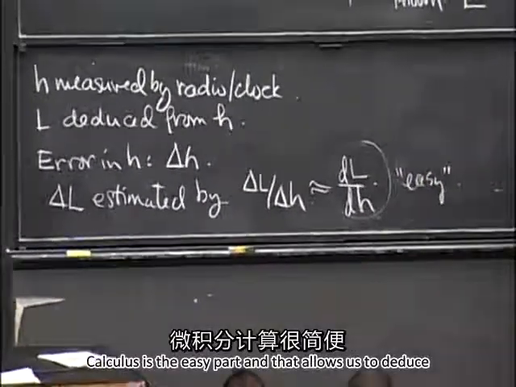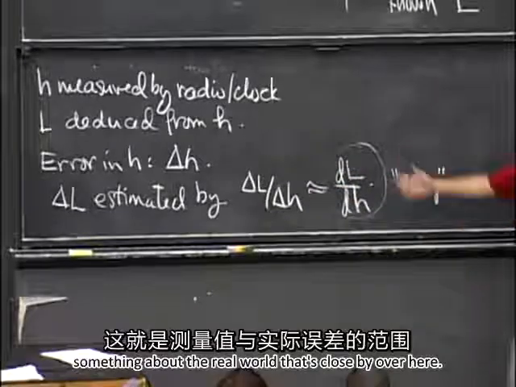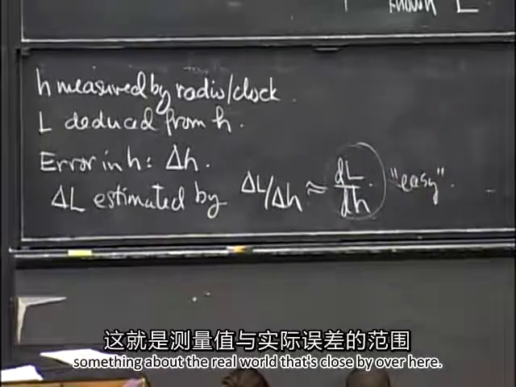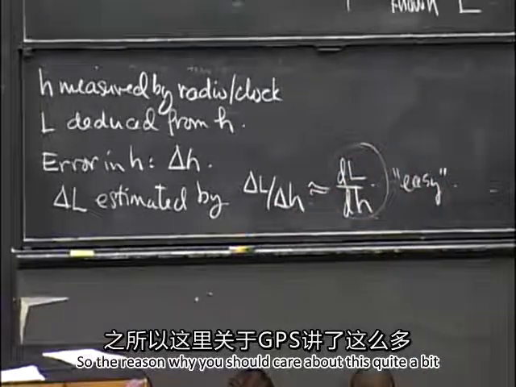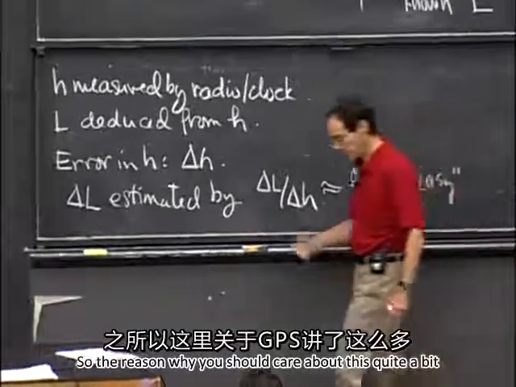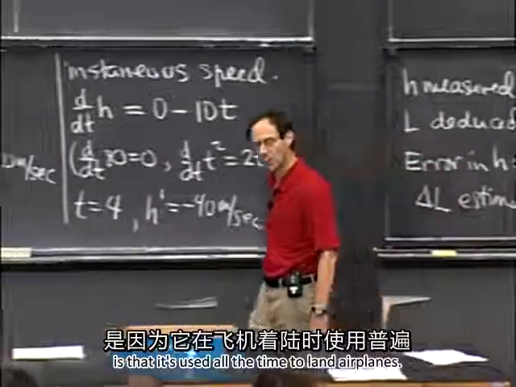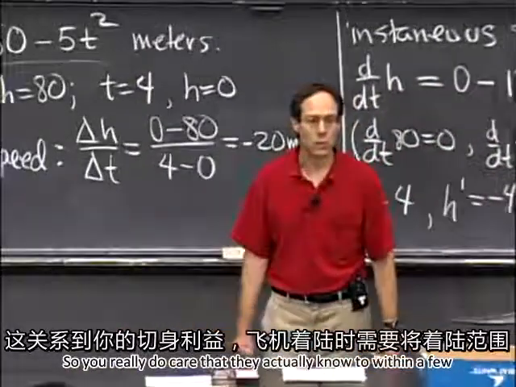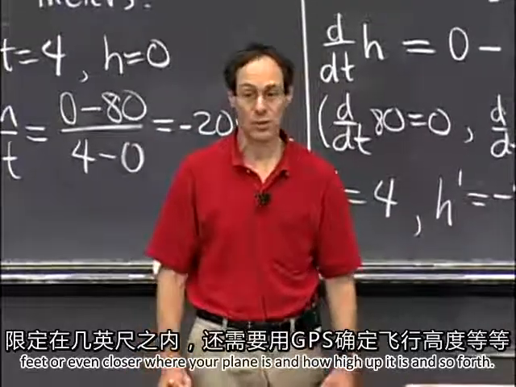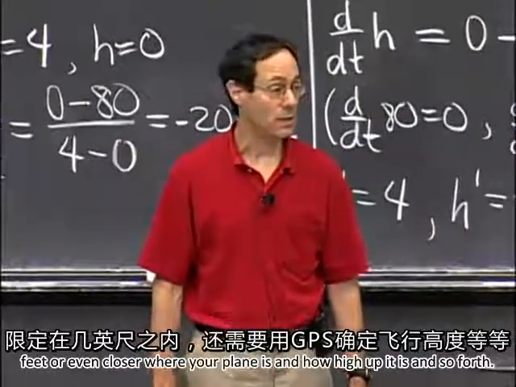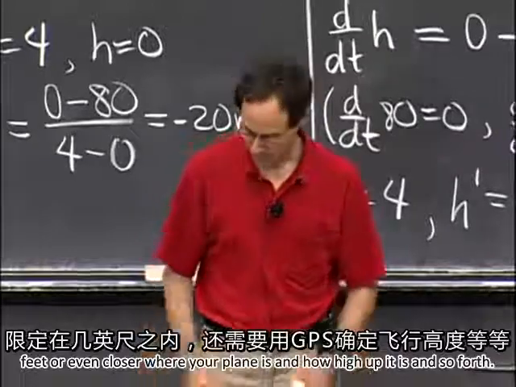Calculus is the easy part, and that allows us to deduce something about the real world that's close by over here. So the reason why you should care about this quite a bit is that it's used all the time to land airplanes. And so you really do care that they actually know to within a few feet or even closer where your plane is and how high up it is and so forth.